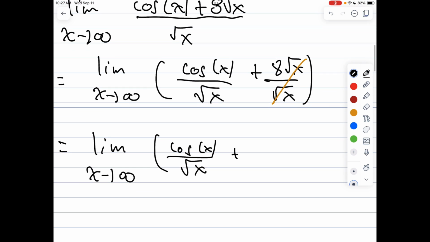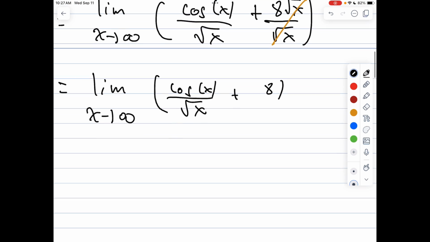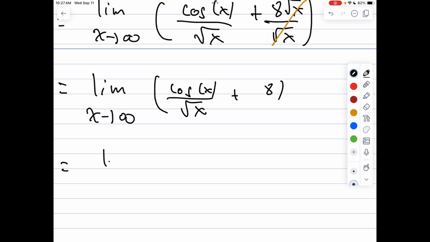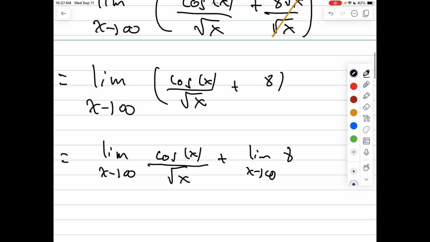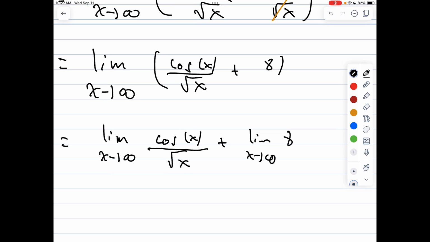You just get an 8. And furthermore, we can split this up as a sum of two limits, the limit of cosine of x over the square root of x plus the limit as x goes to infinity of 8 here, as long as both of these limits exist. The limit as x goes to infinity of 8, that's just 8, so that stays.